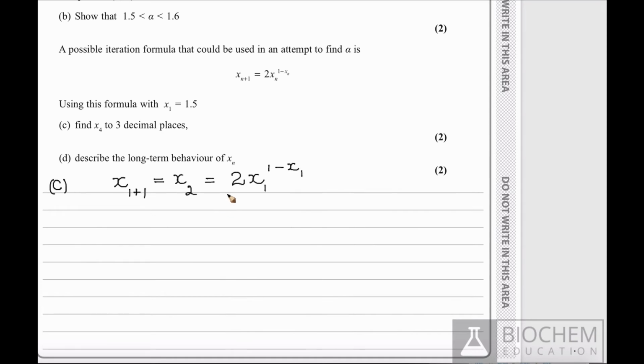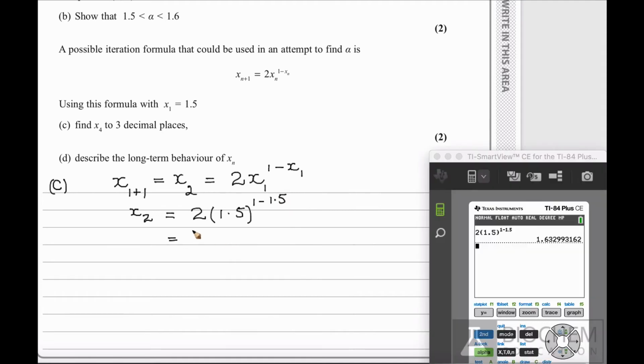So we can now substitute the value of x1, 1.5, into this equation, and we can say that x2 equals 2 brackets 1.5 to the power of 1 minus 1.5. The answer on the calculator would be 1.632993162.